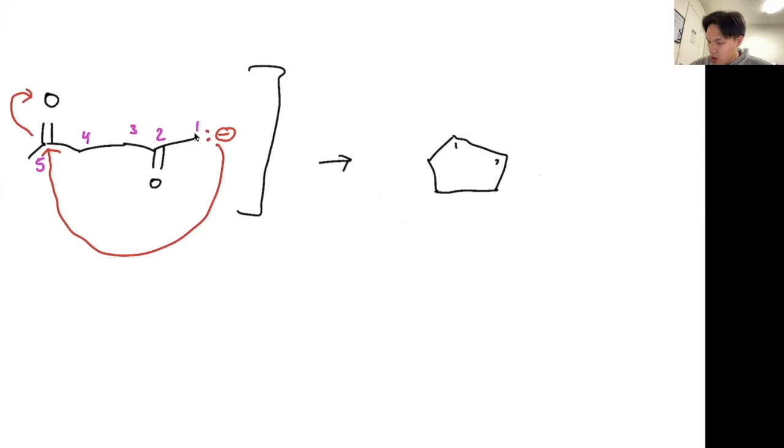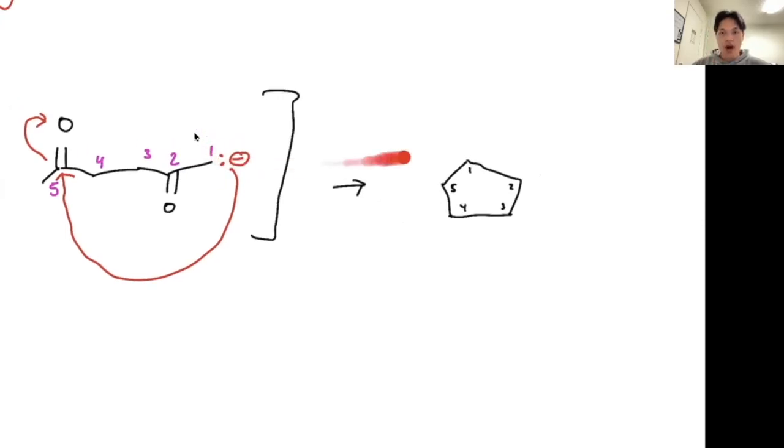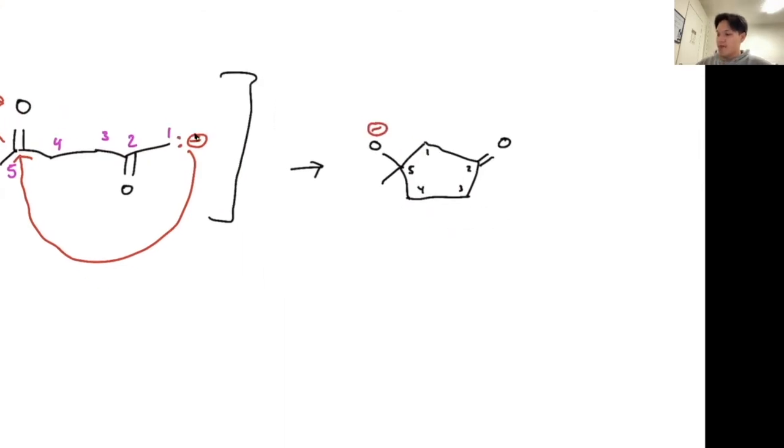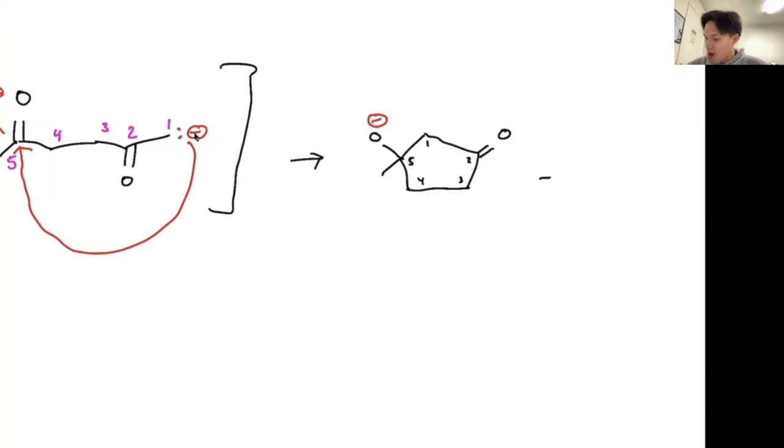We have 1, 2, 3, 4, 5, right? At the 1, we don't have anything at the 1. At the 2, we have a ketone, right? At the 3, we just have 2 hydrogens, nothing there. 4, there's 2 hydrogens. At the 5, we have a methyl going one way and then this carbonyl going the other, right? So let's draw our methyl here. And we have our carbonyl, which got attacked and became this negative, right? And then we have our water again, because that's what attacked.